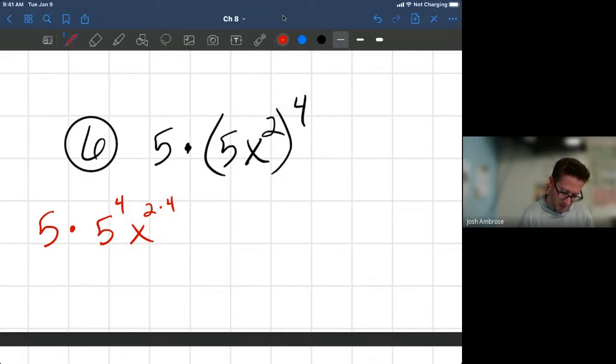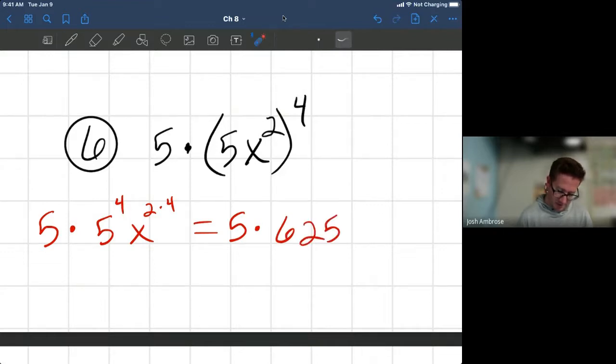So now let's keep going. We still have that 5 on the outside. That's that guy. But now 5 to the power of 4 becomes 625. The 625 is the 5 to the power of 4. And then you have x to the power of 8.